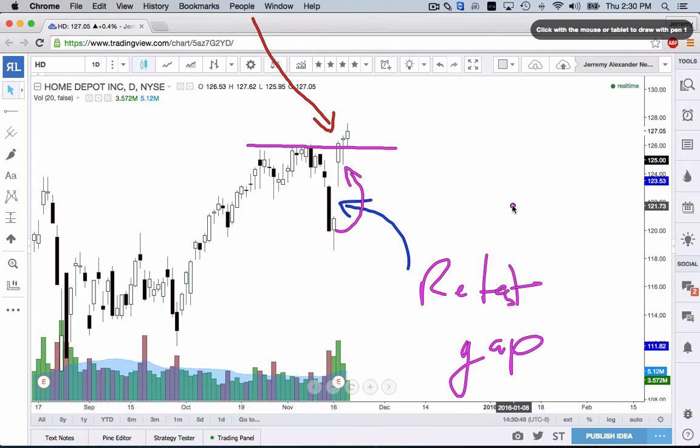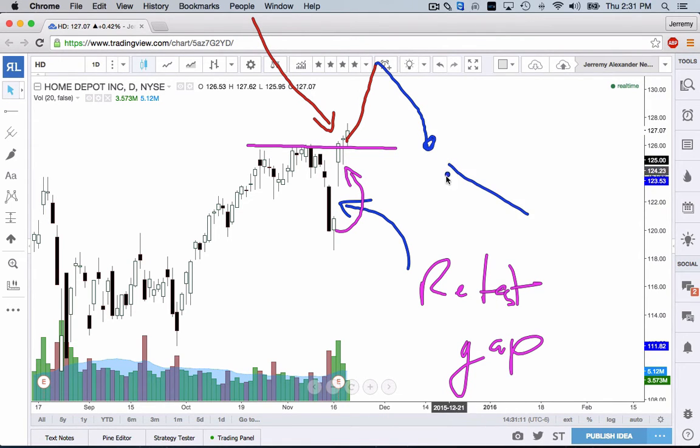I would say, well, you could, but I would wait a little bit because there's going to be some people selling. So if the stock did this, I would miss out on it, let the trade pull back, and then I'll get in. And then place my stop, place my entry, and all things are good.